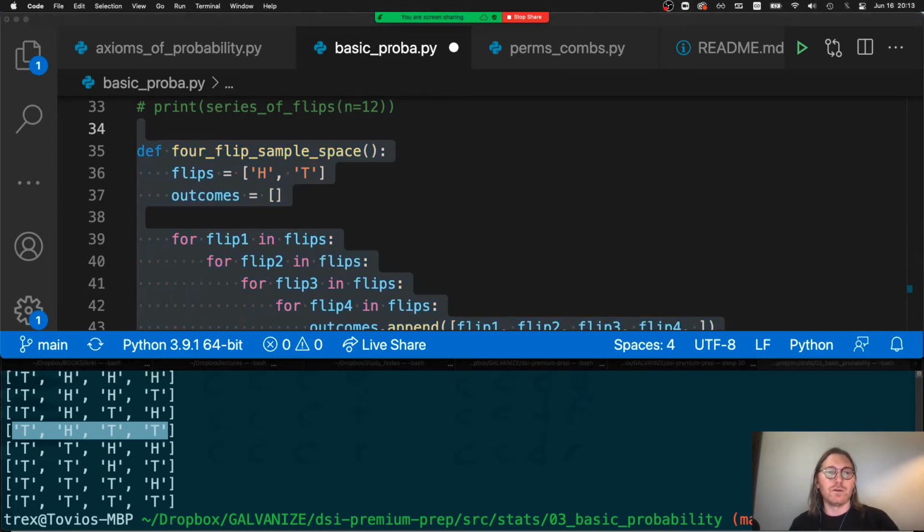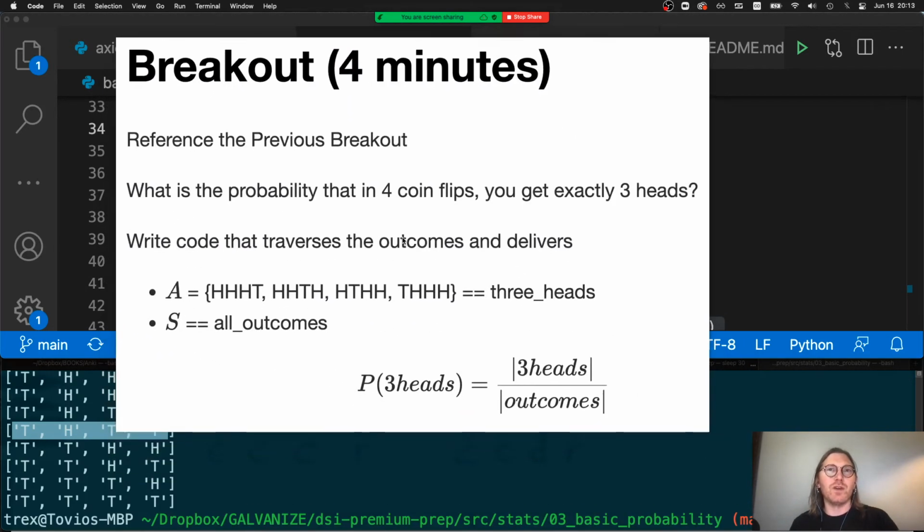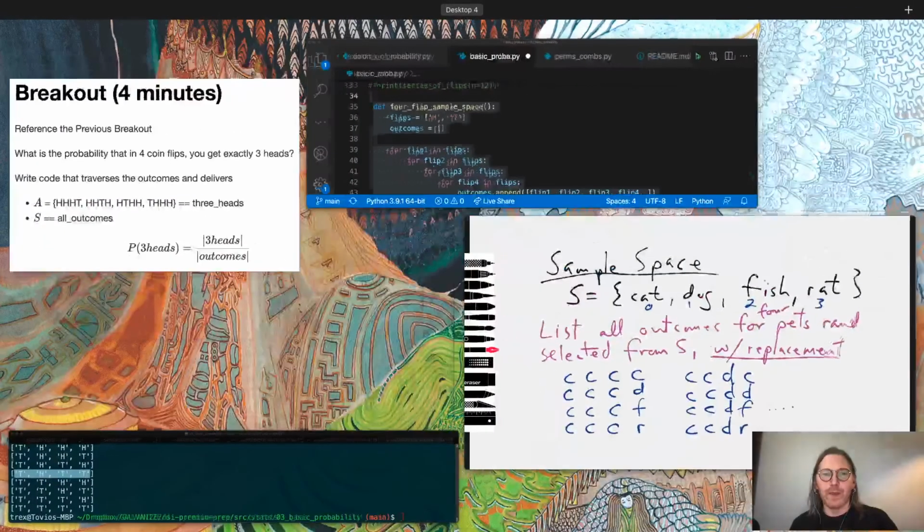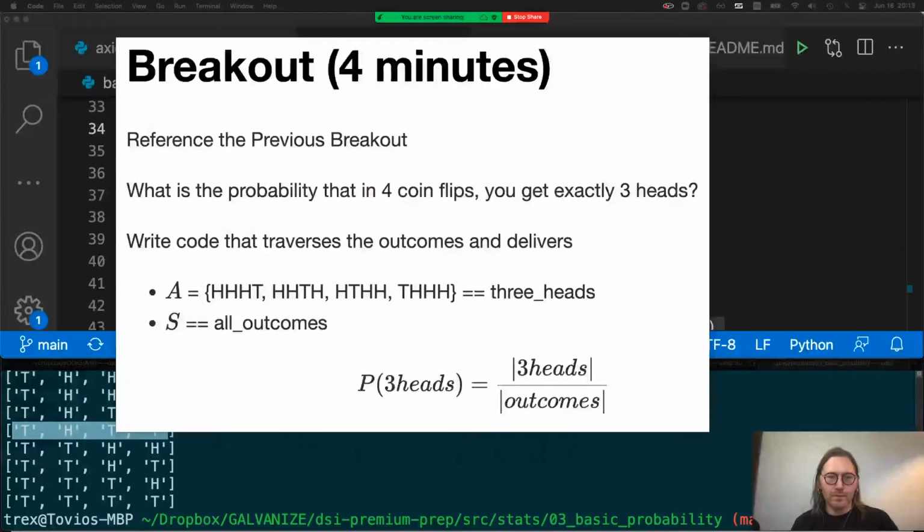And I'll just put the breakout up here to start. Okay, so you're going to answer this question, and really, what is the probability that in 4 coin flips you get exactly 3 heads?